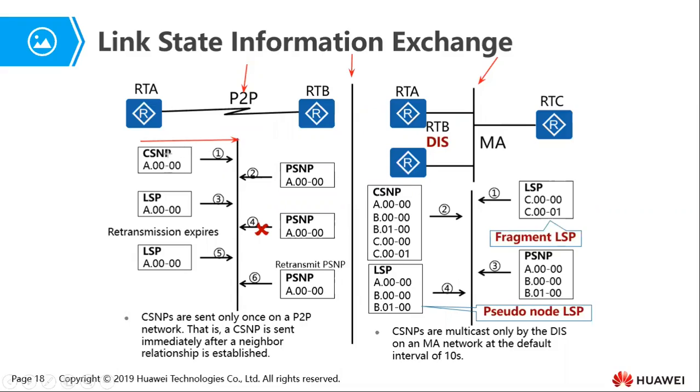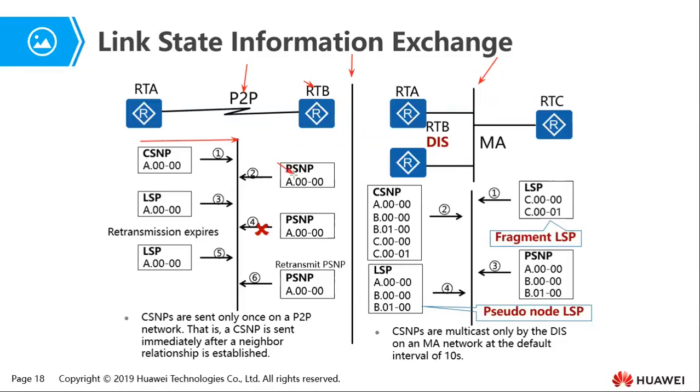That is simply a list of all the routes it's aware of, but remember it's a summary. So you're not saying how to go to Kitale, how to go to Busia, no. You're simply saying, I know how to go to these networks, all the networks that RTA is aware of. Then RTB, once it receives this CSNP, is going to compare it with what it has.